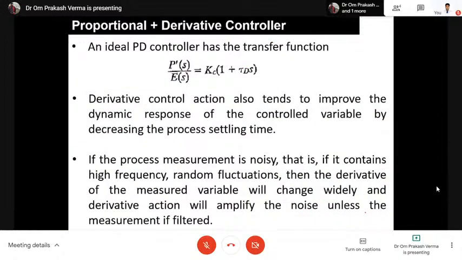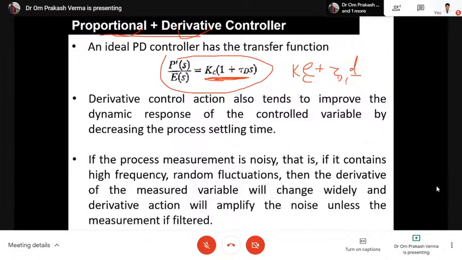Combining all these properties of the controllers, we have studied the P controller, PI controller and derivative controller. Now it is time to cover the PD controller. In the PD controller, the transfer function is Kc into E plus Kc tau d into d by dt of E. This is the equation.